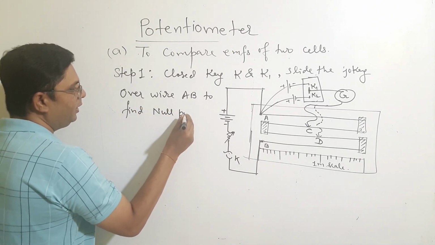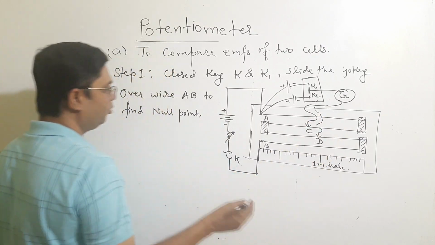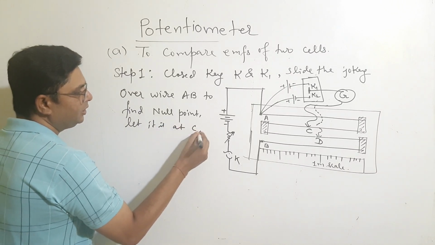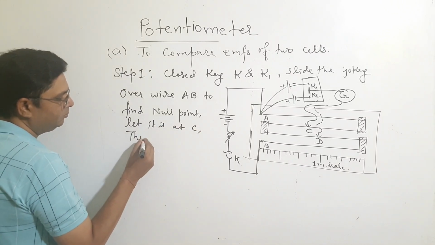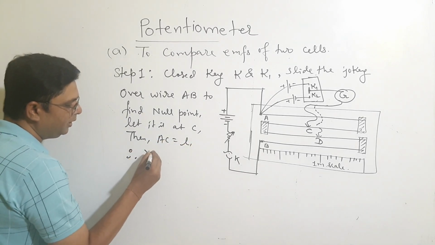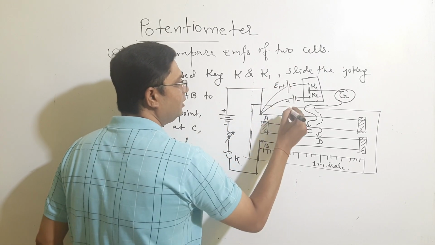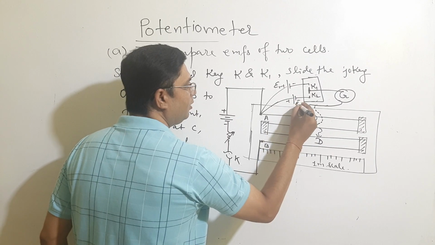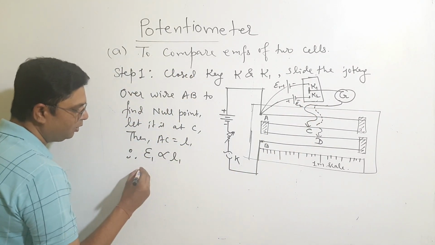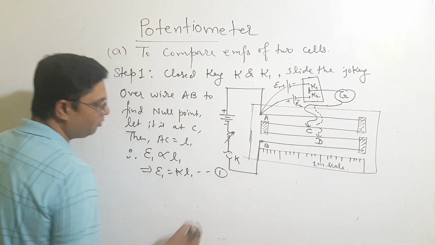Null point is the point where deflection in galvanometer is 0. Let it be at C. Then AC equals L1. Therefore, writing E1 for this cell and E2 for that cell, E1 is proportional to L1, so E1 equals KL1. Let this be equation number 1.